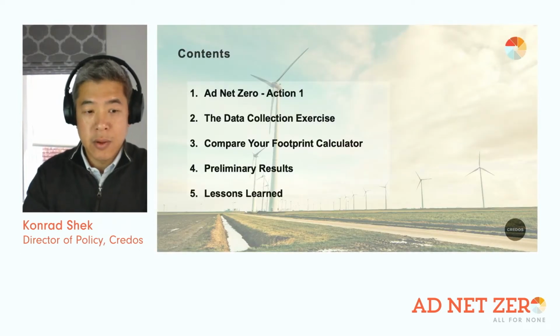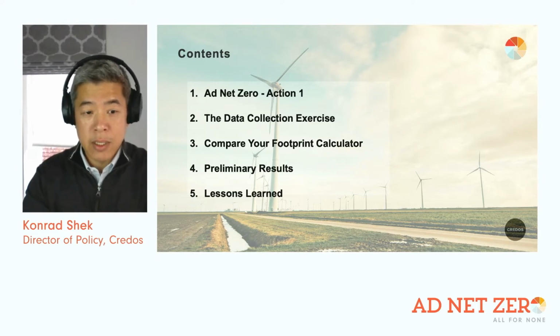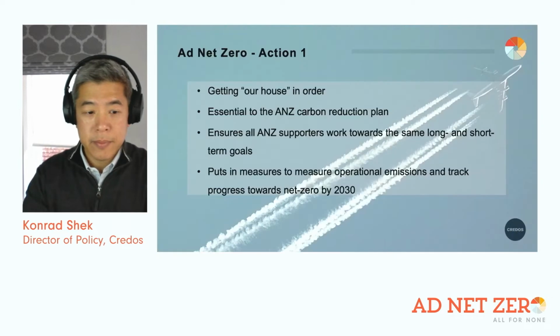In Section 2, I will outline how we went about the data collection exercise and some of the challenges that we faced. In Section 3, I will give a brief overview of the Compare Your Footprint Calculator tool developed by Green Element, which we're using to develop benchmarking insights. Following that, I will outline some of the preliminary analysis of the data so far. And then to conclude, I will discuss some of the key takeaways and lessons learned.